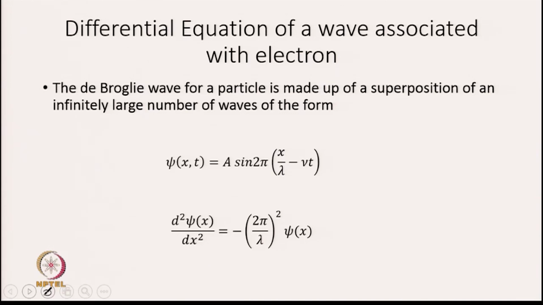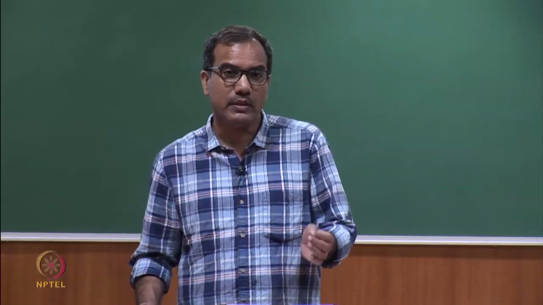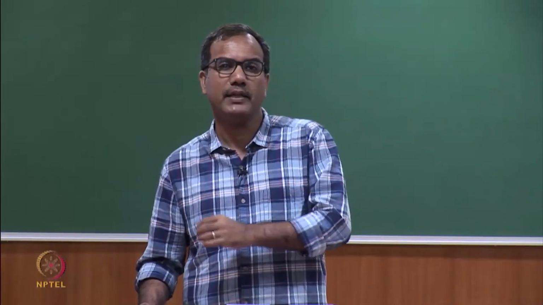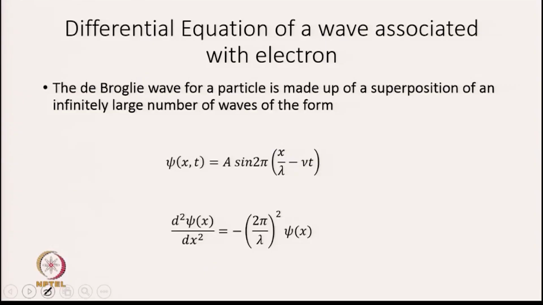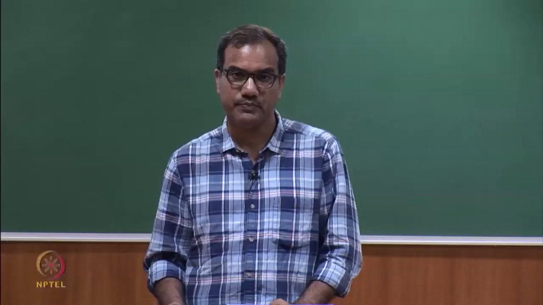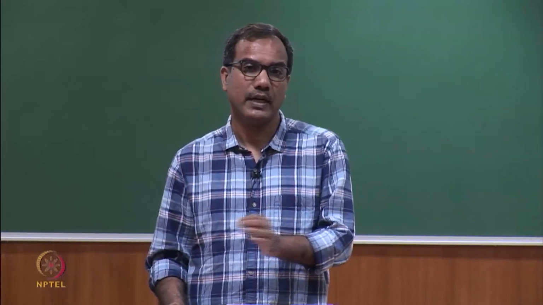Here the proposition made by de Broglie comes into the picture. He said that the de Broglie wave for a particle is made up of a superposition of an infinitely large number of waves of this form, and for this kind of wave you have this differential equation. The only thing we have done is, in place of y we are now writing psi of x, where psi is a wave function. So, this is a wave function associated with an electron.